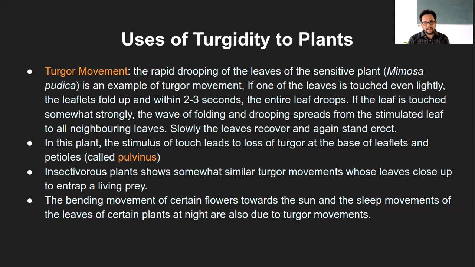Now, how does this happen? This is something similar to having sensors, like the sensors you are aware of in physics or electronics, whatever technical equipment. These leaves also have some sensors, which are nothing but protein molecules.